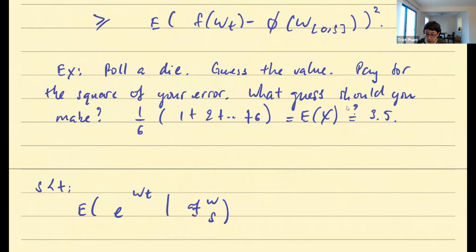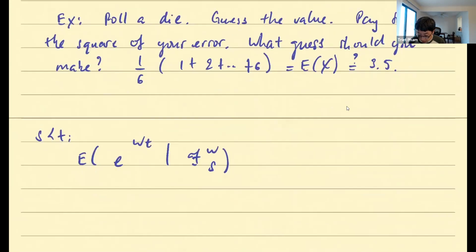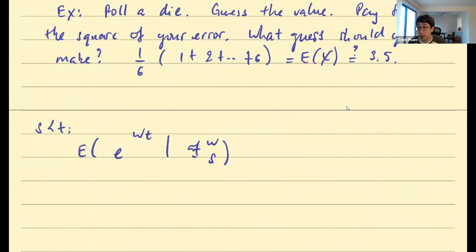When we ask this kind of question, you can be pretty sure that more or less we want some kind of explicit answer out of it, not some abstract discussion. Here I did the abstract discussion because I don't have an exact form of F, so I just gave you the meaning. But here, we want to do the exact calculation, which still preserves the meaning that I was discussing about best mean square error.